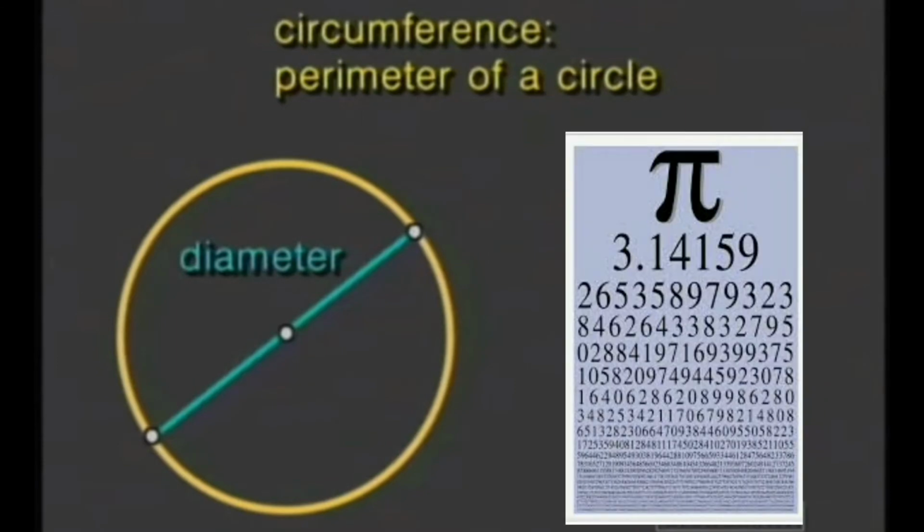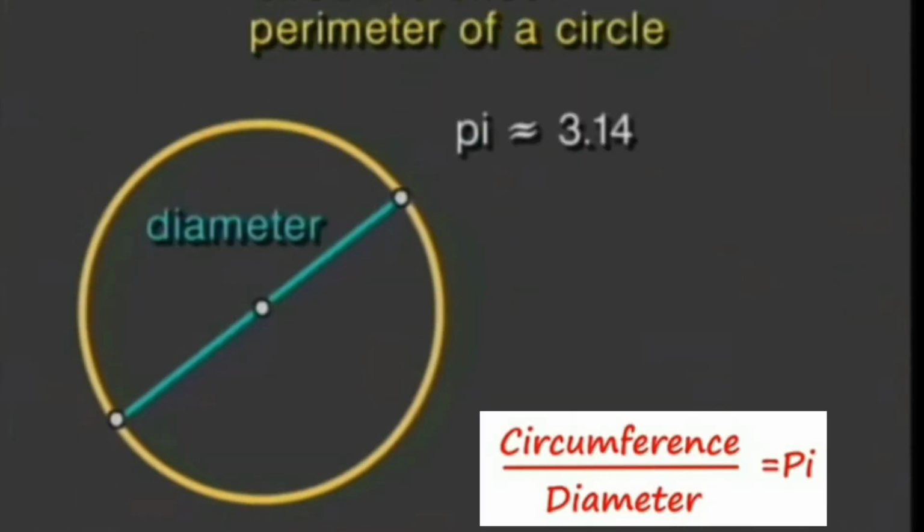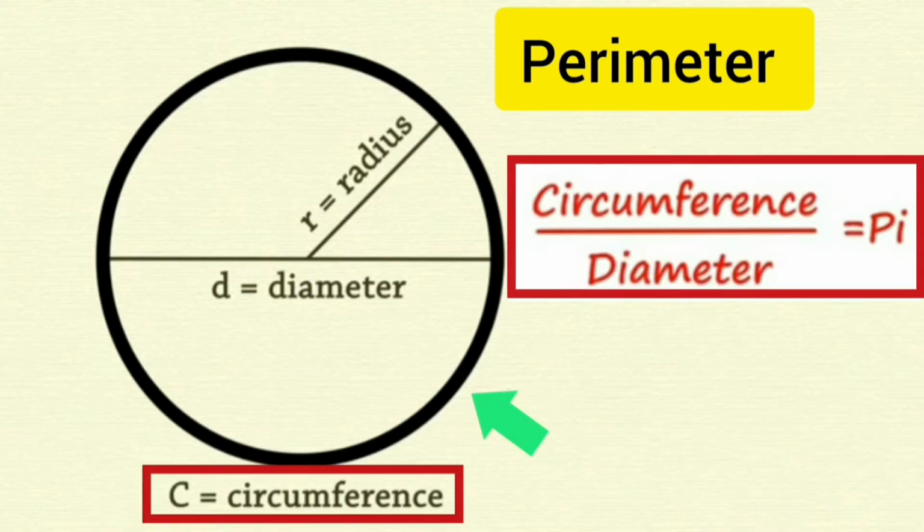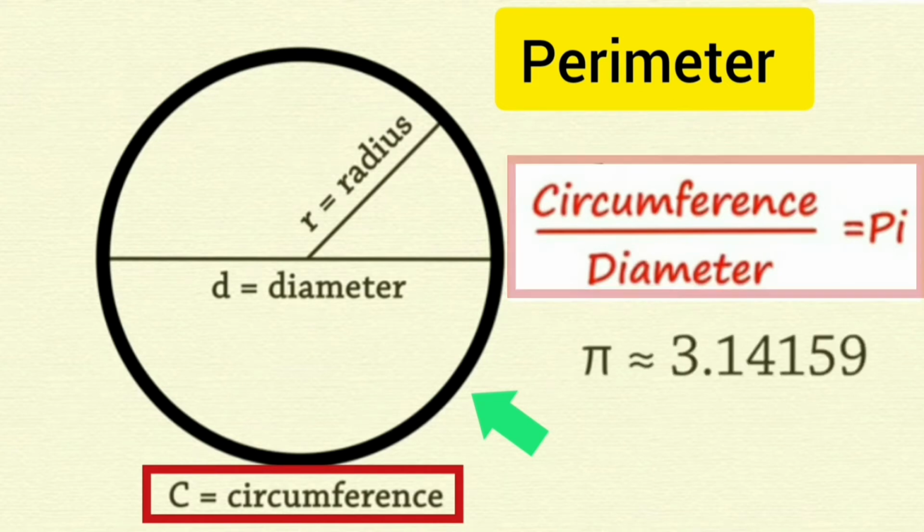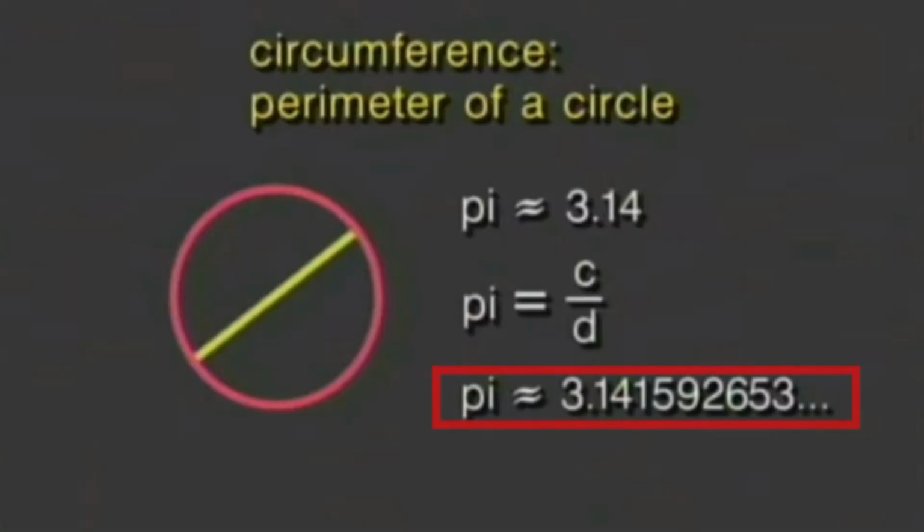The value of pi is approximately 3.14. You get the value of pi when you divide the circumference by its diameter. The ratio of circumference to diameter is the same for every circle, and it turns out to be approximately the value of pi.